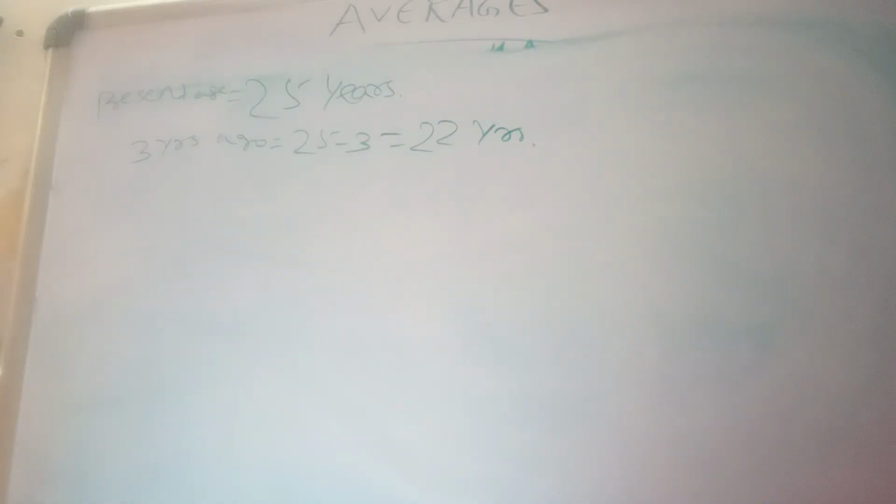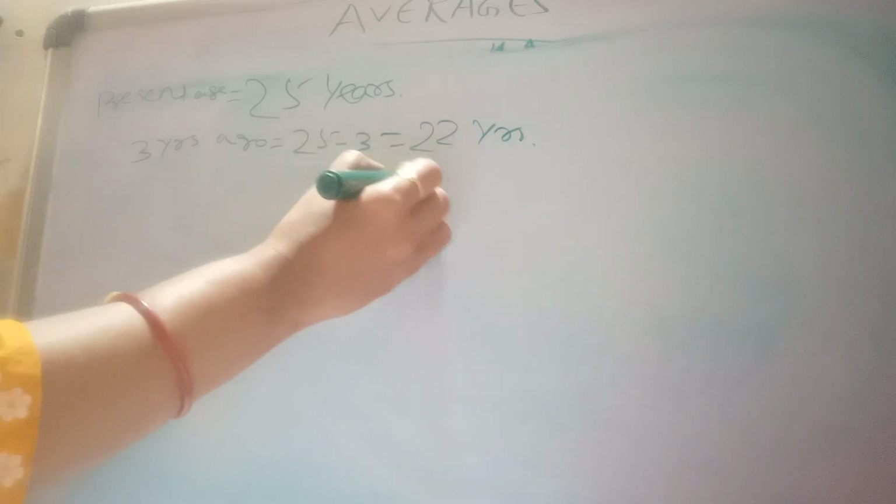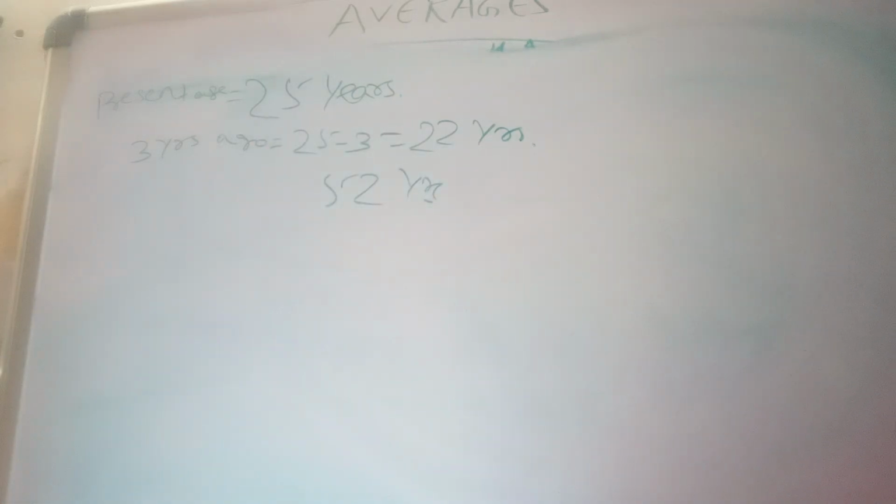Okay, next question. The average age of the 16 professors of Lucknow University is 52 years. 4 years later, the average age of all the 16 professors will be, if there is no retirement or recruitment, how much?